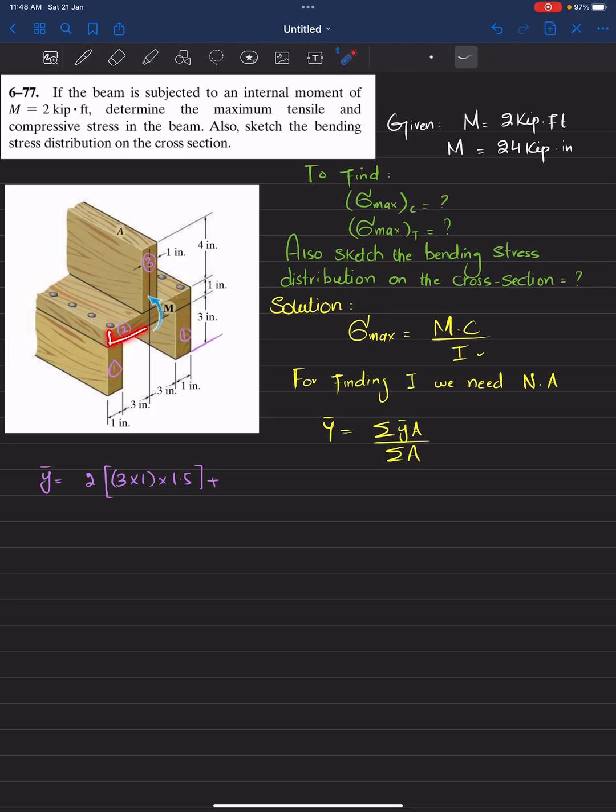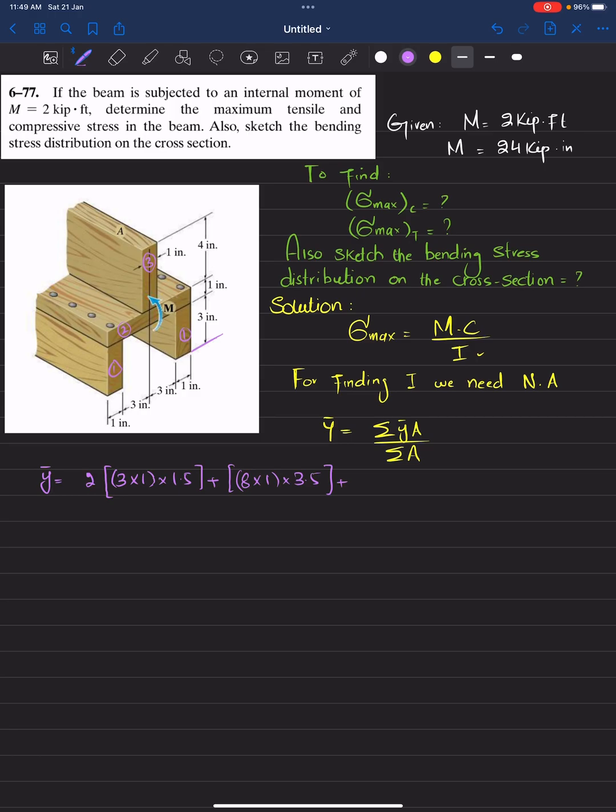The area of this will be 1 multiplied by 8. This total is 8, and its distance from the base to the mid of this is 3.5. You can see this is 3 and half of this is 0.5, so it is 3.5. So I will write the area, 8 into 1, multiplied by y dash, which is 3.5.